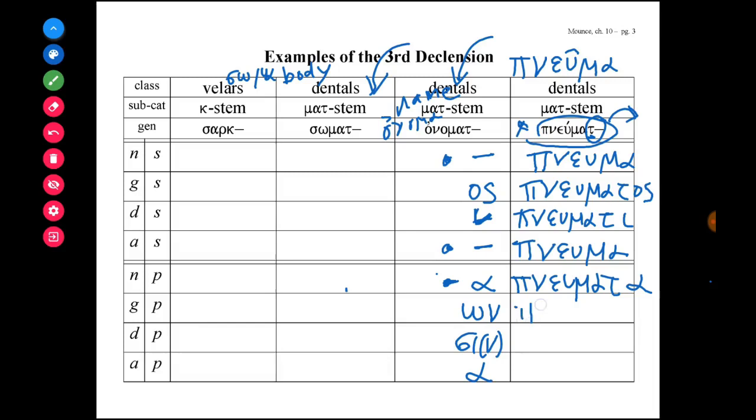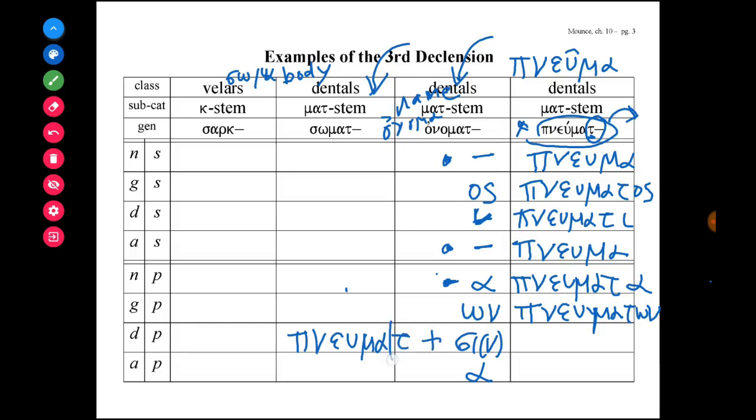What's the genitive? So pneumata would be spirits. Pneumaton, add omega-nu, own, to pneumat, and you get of spirits. And what happens when you add pneumat plus sin to it?